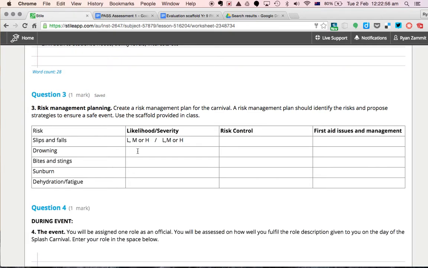For slips and falls, if you explain pretty clearly to the group not to run and to stay on the path and not do silly things around the edge of the pool, then the likelihood of someone slipping is probably not so high. It's probably medium. But then you've got to think about how severe it would be if someone did slip or fall, and what the likely injuries would be.